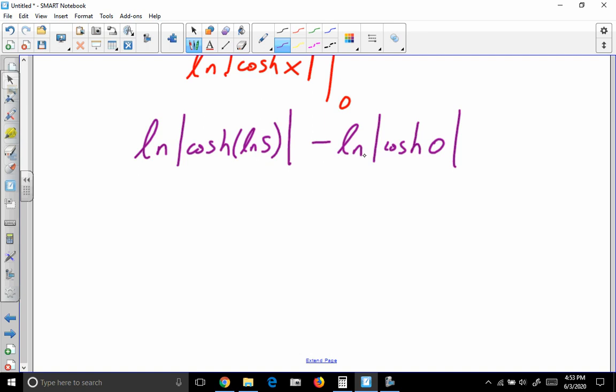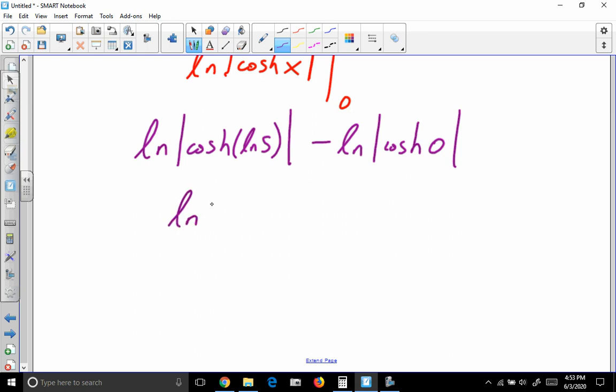We have a natural log minus a natural log, so we could write this as a quotient. We could write it as natural log of this one divided by that one. Or we could just simply evaluate this one, evaluate that one, and take the difference. Don't have a real feel for which one would be better.